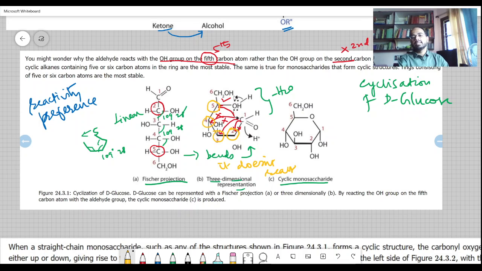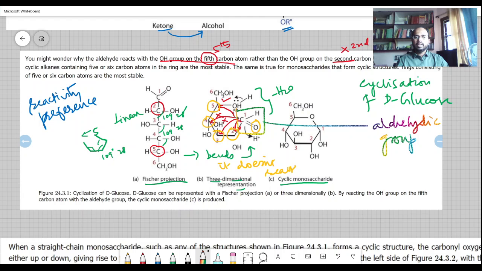The reaction in the first part we saw is that of an aldehyde, right? This is an aldehyde group, and this is the alcoholic group.